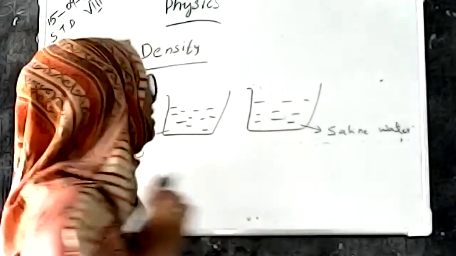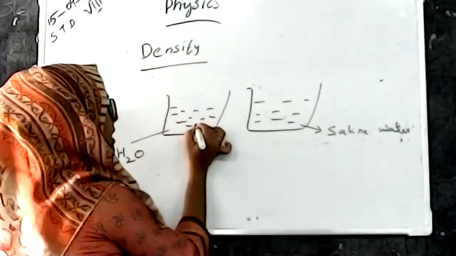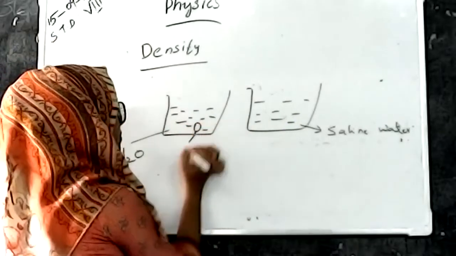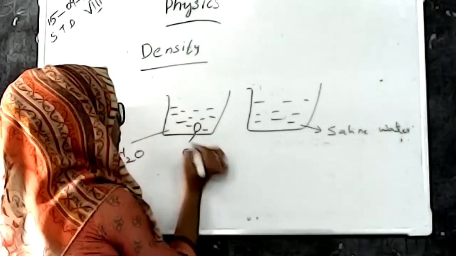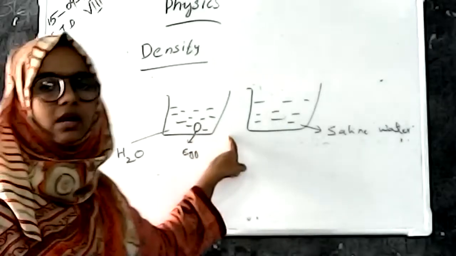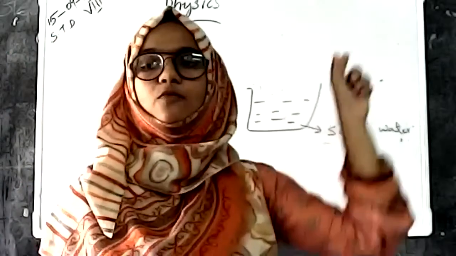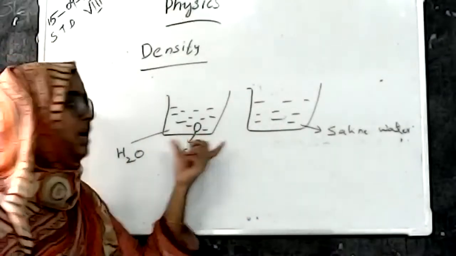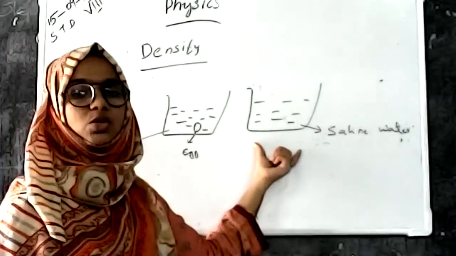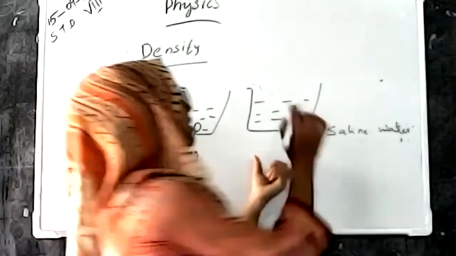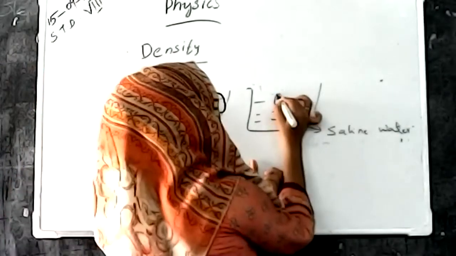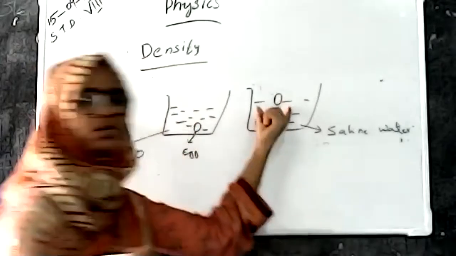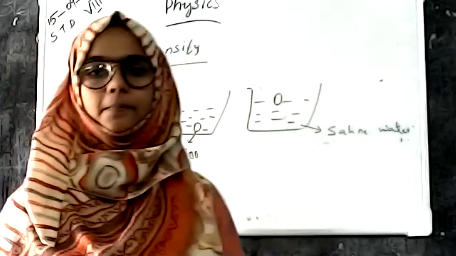And put one egg into the first beaker. In the first beaker, the egg is fully immersed in the water. And we put an egg into the saline water. That egg is floating on the surface of the saline water.